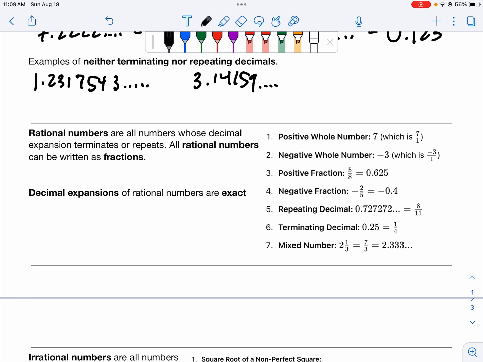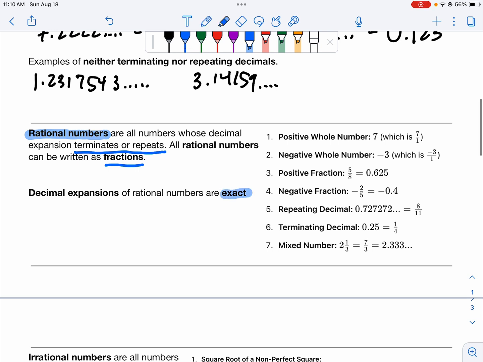So rational numbers, okay? Rational numbers are all numbers whose decimal expansions terminate or repeat, okay? And then there's this cool fact: all rational numbers can be written as fractions, okay? Decimal expansions of rational numbers are exact.